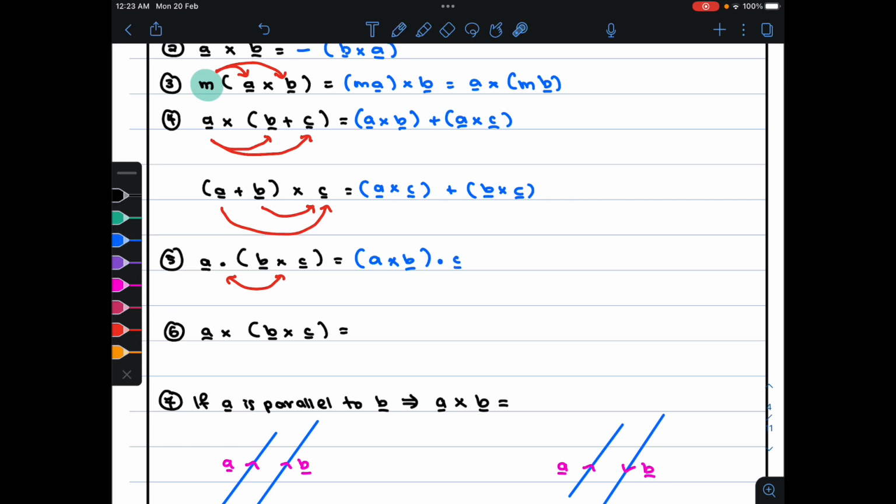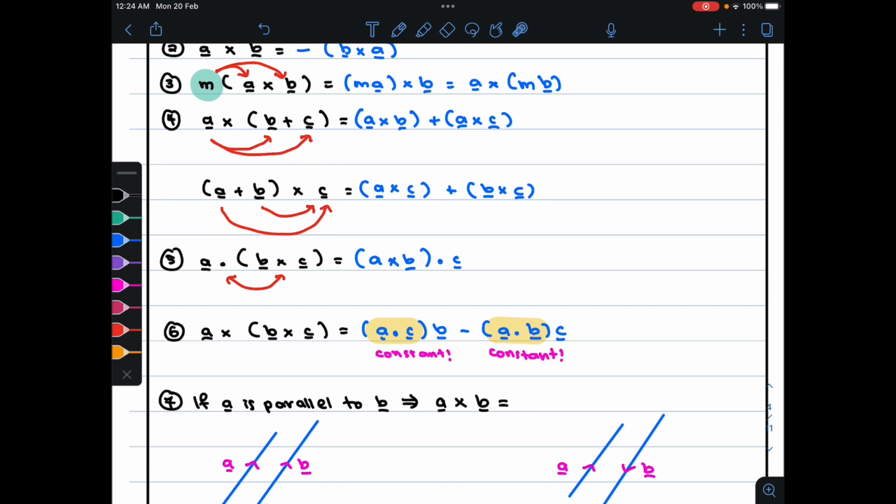Now what if we have two vector products in one expression? Say vector A cross (B cross C). In this case, you need to memorize this formula: (A dot C) times vector B minus (A dot B) times vector C. And don't forget that whenever you do the scalar product, which is A dot C and A dot B right here, they are just constants.